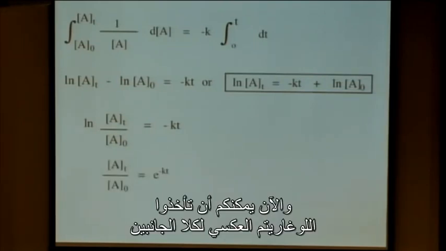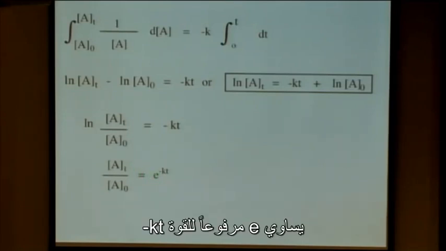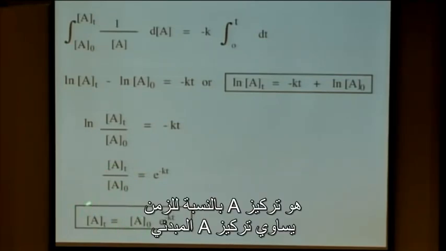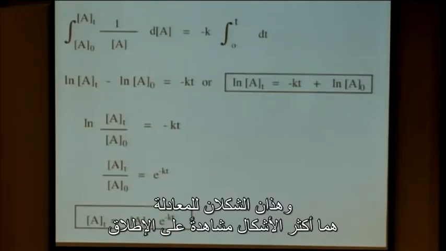And now you can take the inverse natural log of both sides, so just your concentration at time t over your initial concentration equals e to the minus kt. That expression is often written in your book or on equation sheets as the concentration at a particular time equals the concentration of the original material, e to the minus kt. And these are the two expressions that you'll see the most often.